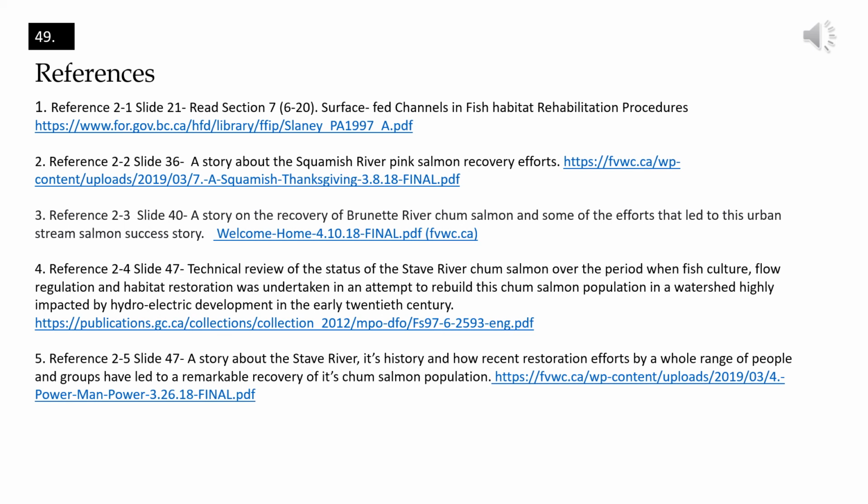And the final reference 5 is a story about the Stave River, its history, and how recent restoration efforts by a whole range of people and groups have led to a remarkable recovery of its chum salmon population.